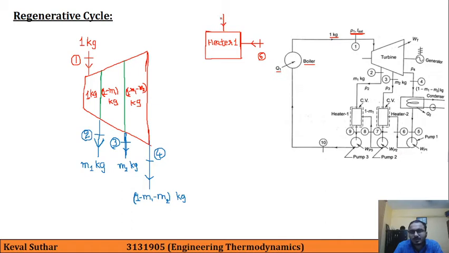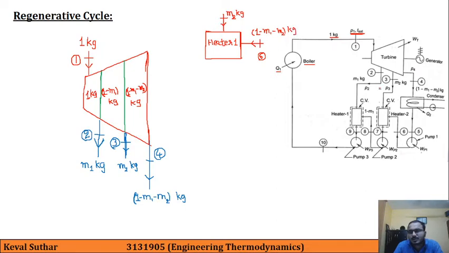And here the quantity is m2 kg, and here 1 minus m1 minus m2 kg.